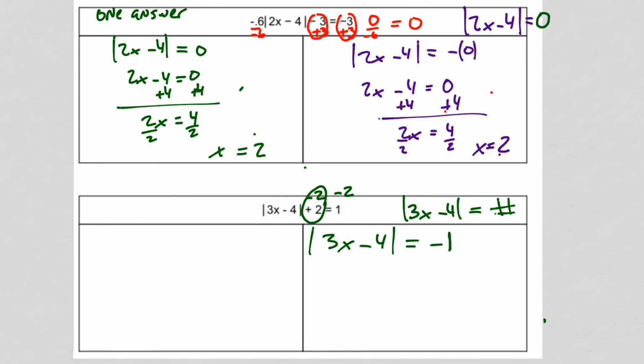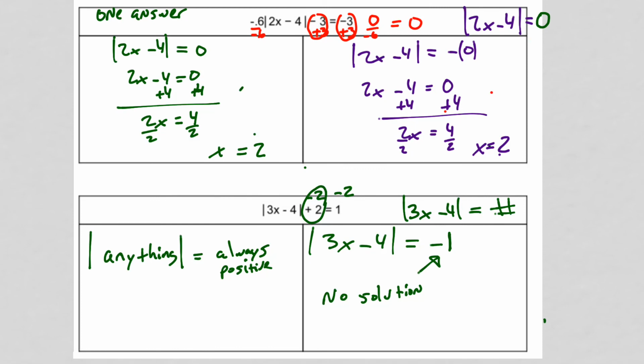And now this is kind of a trick question because the absolute value of basically anything is always positive. So if it's always positive, and here you're faced with something negative, then this must be no solution.